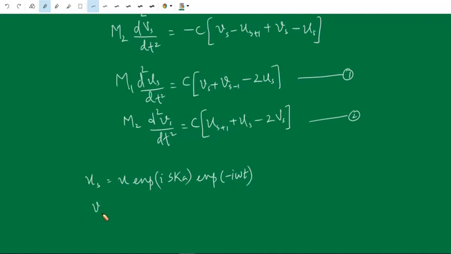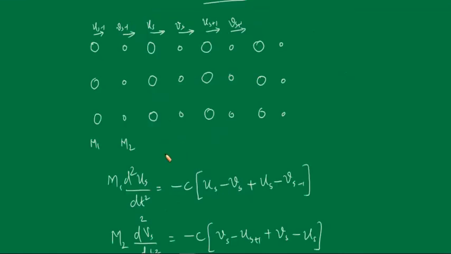And v_s is equal to v exponential i s k a exponential minus i omega t. Okay. Here a is the repeat distance. It is the distance between the nearest identical planes, or it is called the repeat distance.